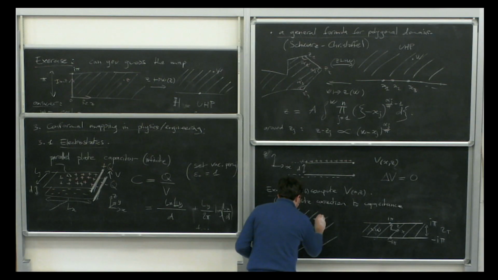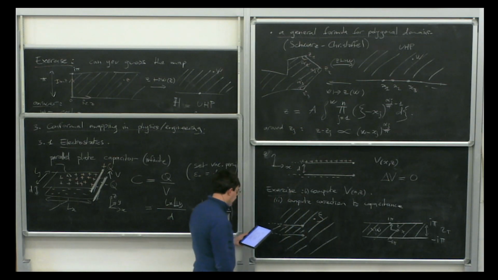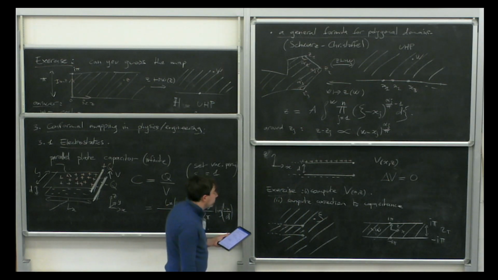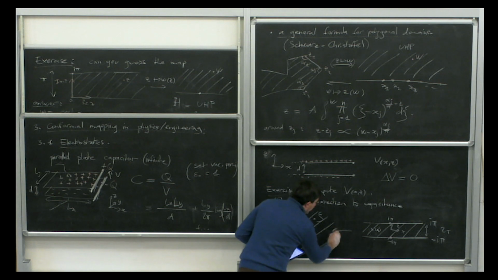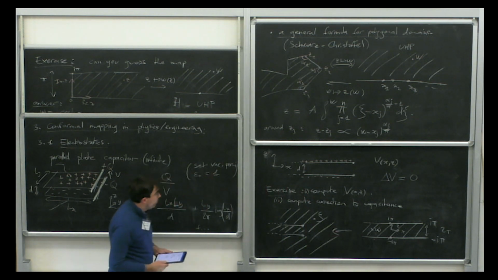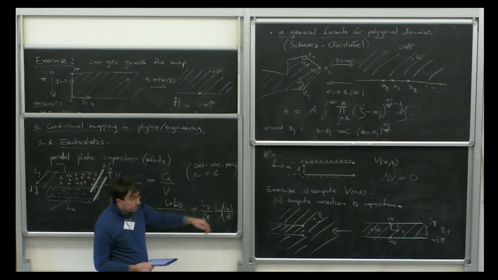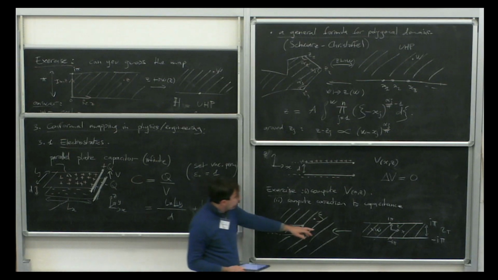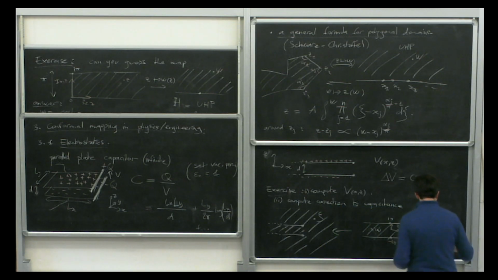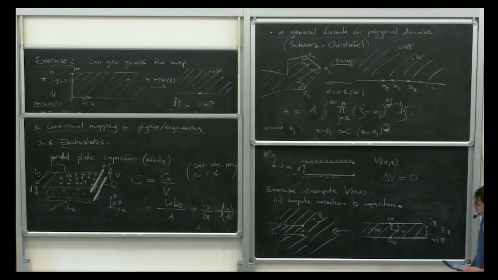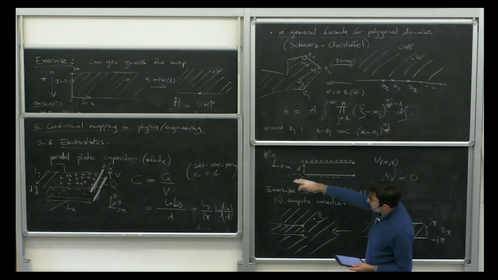So let's call zeta the point here. And it turns out, okay, can anyone guess the conformal map that maps an infinitely long strip of width 2 pi to this geometry here for the Maxwell problem?